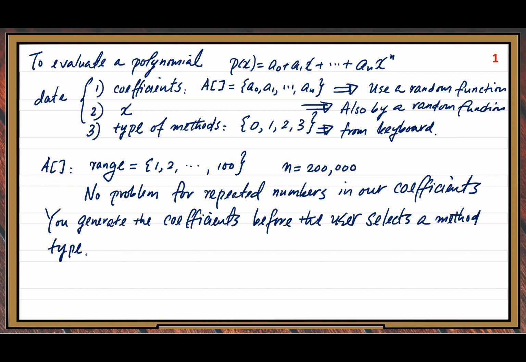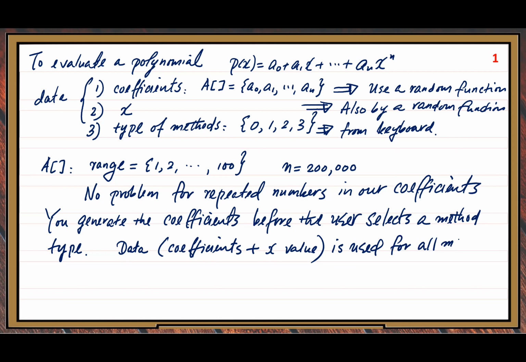You generate the data first, because in that way, the generated data, so here the data, we mean coefficients plus x value, is used for all method selections.